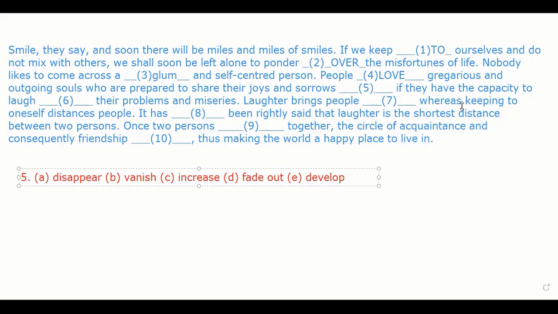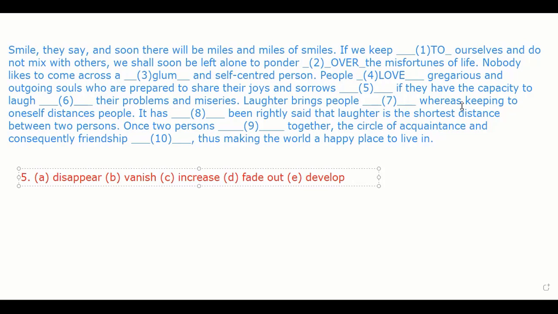Both are appropriate, but which is more appropriate? As Achintya said, the difference is how fast or how slow, right? I think it's D, fade out. Any specific reason? Because whenever you're having fun, all your worries slowly disappear.